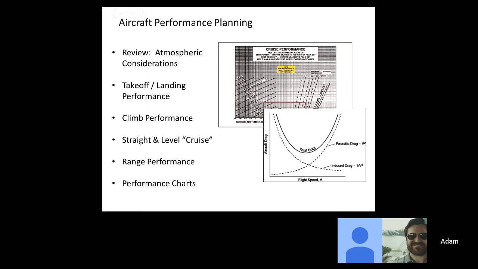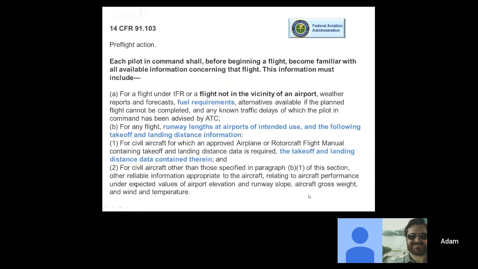Not only the ones you'll see on the test, but even ones that you might find in an aircraft that you fly someday. So before we get into the actual planning portion, I've got like 2 or 3 slides as review to go over like some of the atmospheric things that we've already talked about, which will be key to the performance discussion.